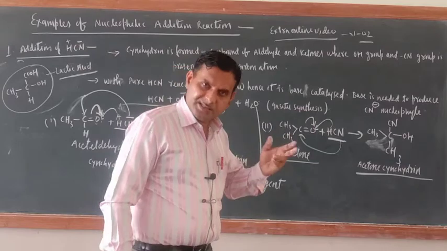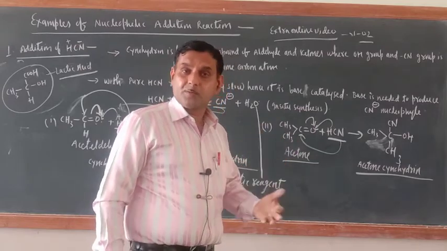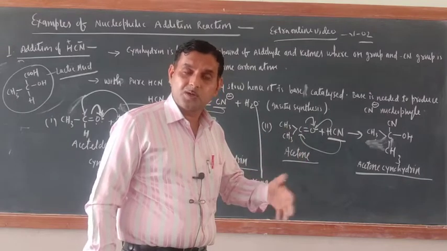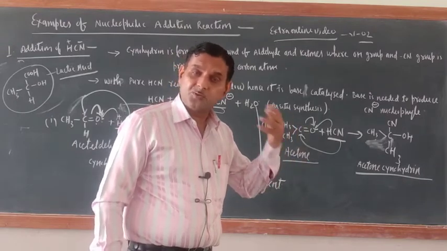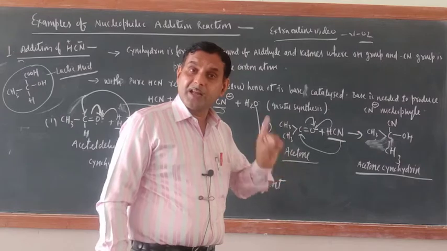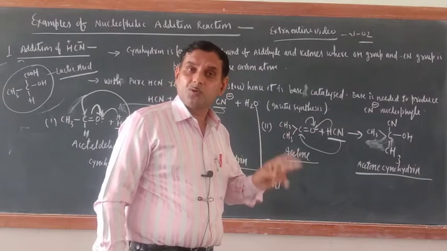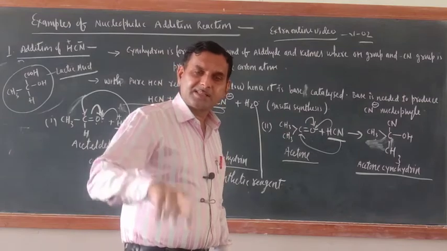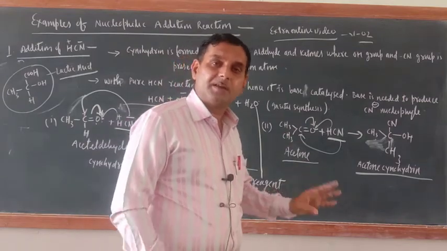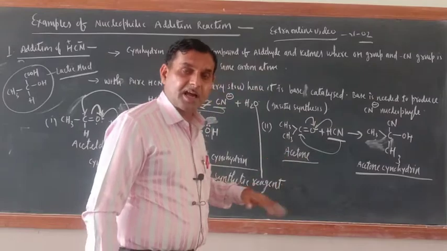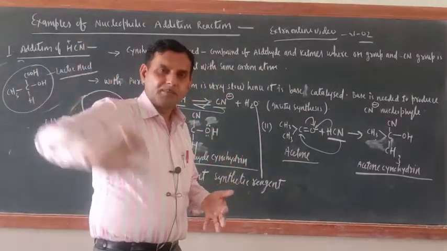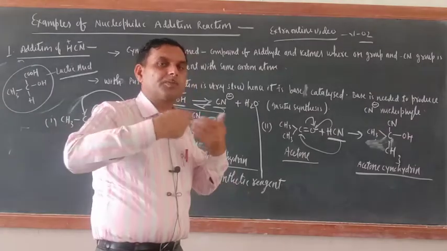If aerobic respiration is there, what would be the product? CO2, H2O plus energy, meaning oxidation of glucose will yield CO2, H2O and energy. But if anaerobic breaking of glucose happens, then one of the products will be lactic acid, and that lactic acid is deposited in our muscles and muscle cramps occur. And what is the remedy? Blood circulation should be increased.